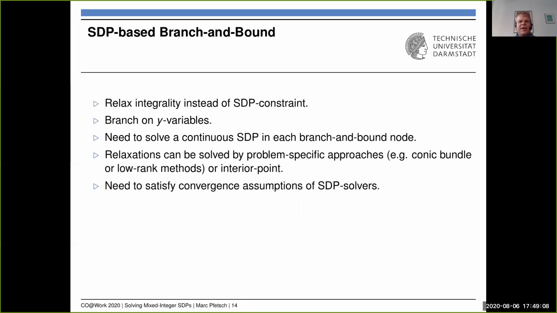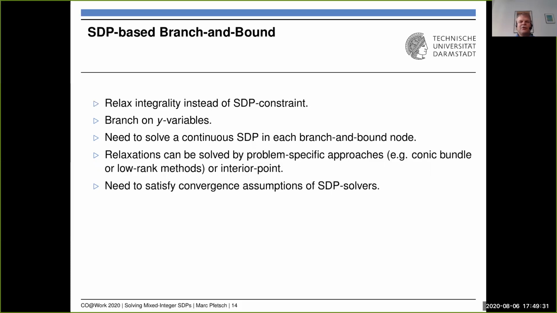The approach that we are going to follow is the SDP branch and bound method. So what we are going to do here is we relax the integrality constraints on the y variables, but we're keeping the SDP constraints. That means we are building a branch and bound tree, and in each node we have to solve an SDP.